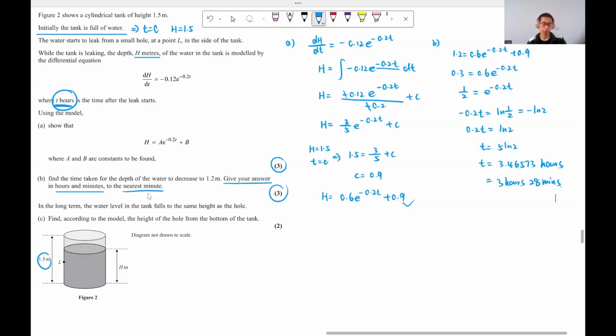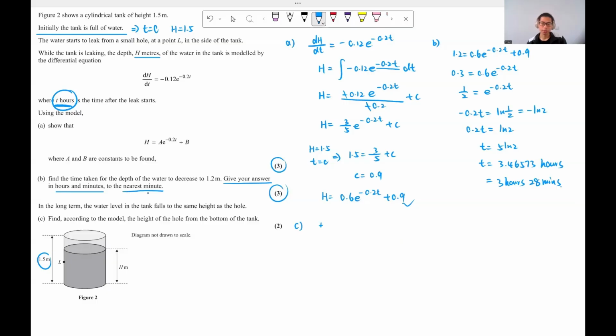So that's another 3 marks. And then part C, in the long term, the water level in the tank falls to the same height as the hole. So part C, find, according to the model, the height of the hole from the bottom of the tank. So basically, it's just asking you what's the limiting height.